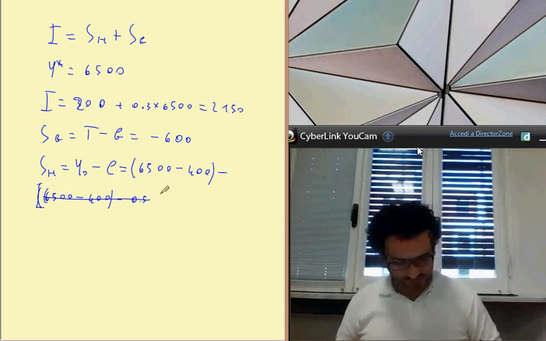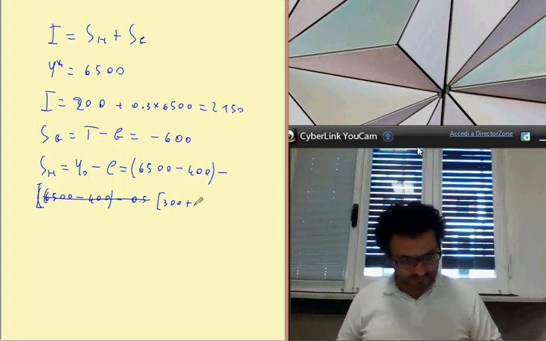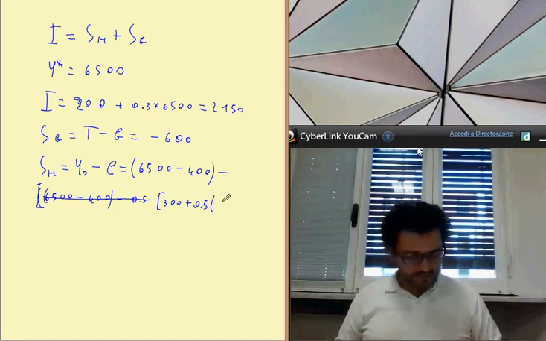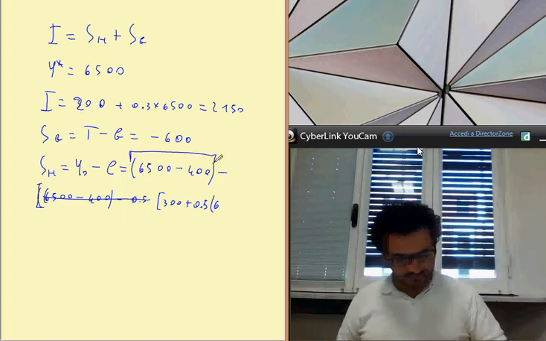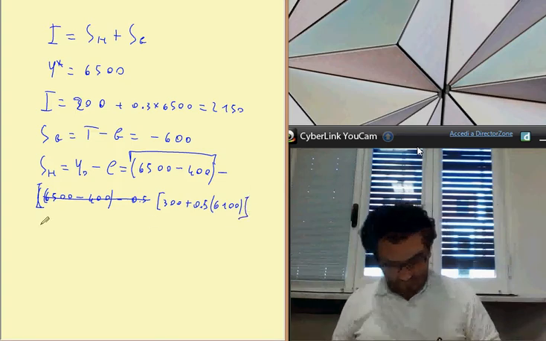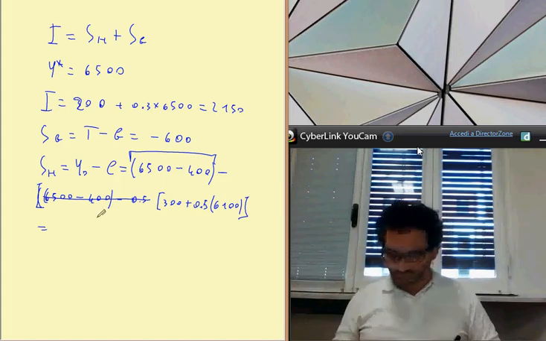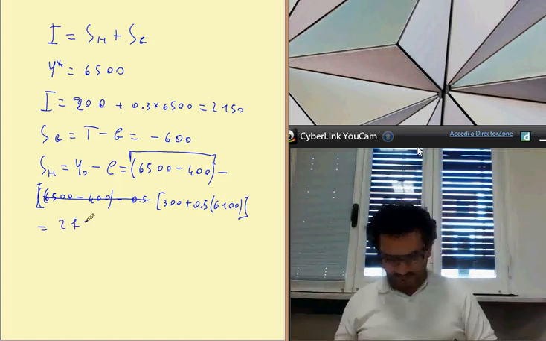So consumption is equal to the autonomous consumption, which is 300, the part of consumption which does not depend on income, plus 0.5, the propensity to consume, which multiplies the disposable income, which is this difference, so 6,100. Using the results of this, the household consumption should be 2,750. So disposable income minus consumption.